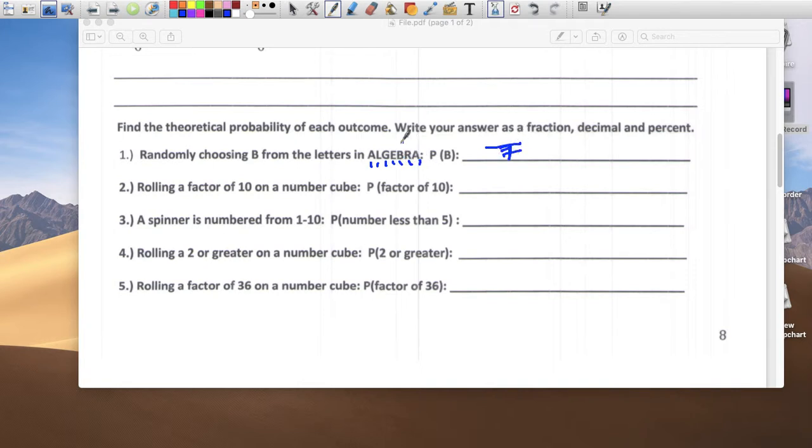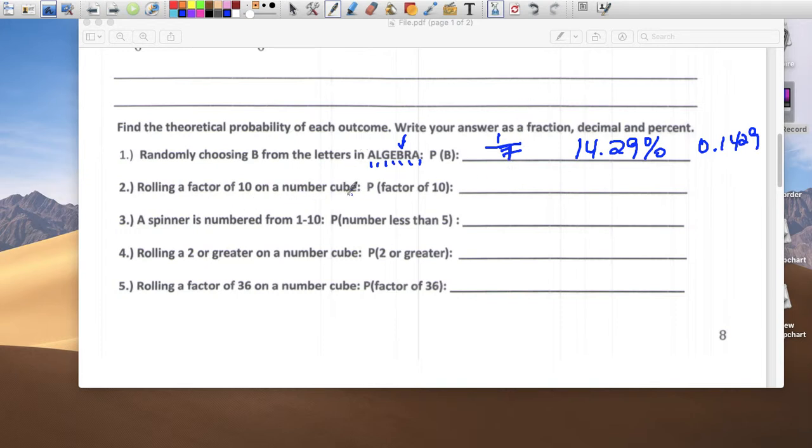And how many B's? Only 1. So you have a 1 out of 7 chance. If you get your calculator out and divide 1 by 7, you get a 14.29% chance, or 0.1429. I'm going to leave it at that because I rounded.